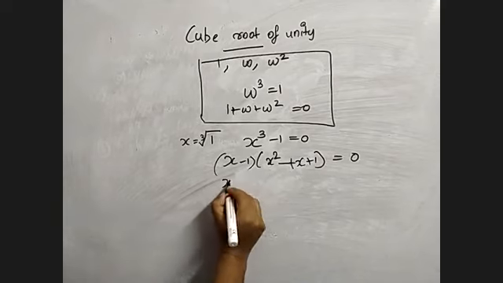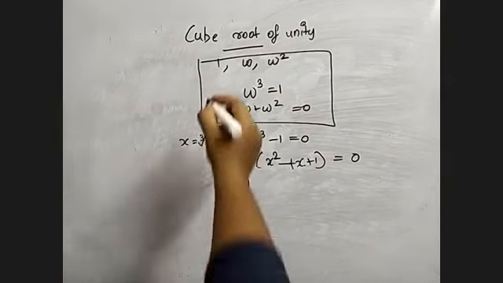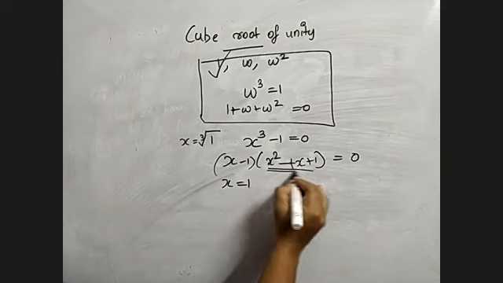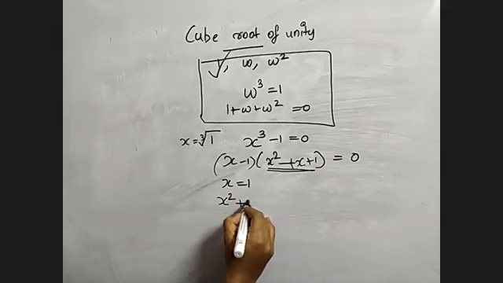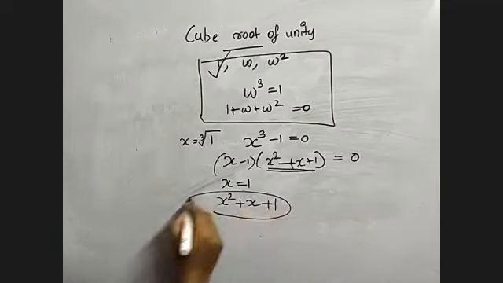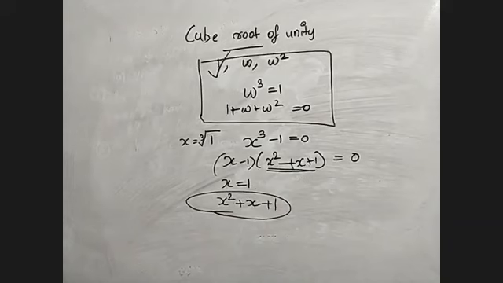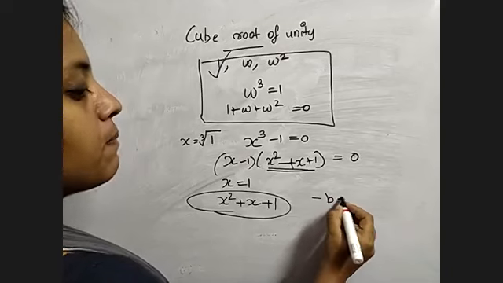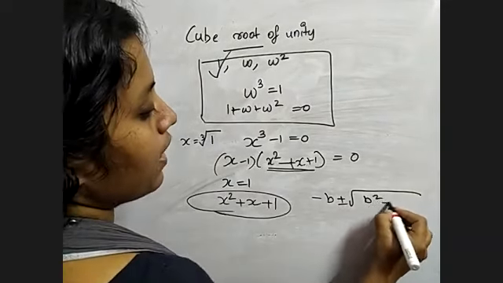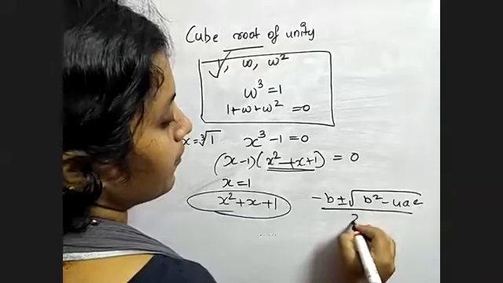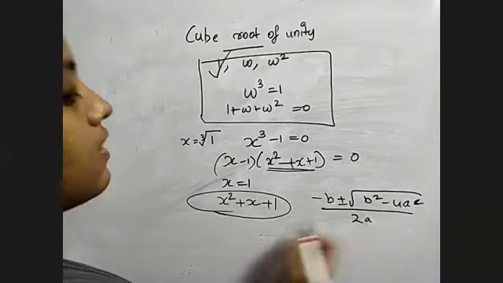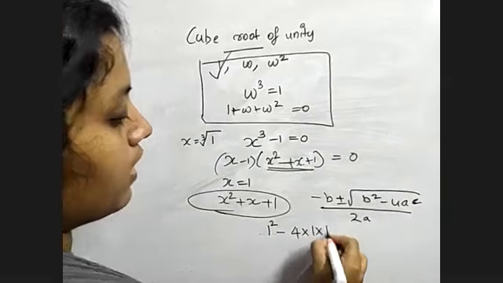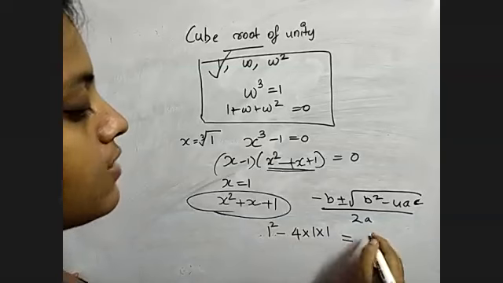First one is x is equal to 1. Understood. Next ones I need to get from x square plus x plus 1. I need to factorize this, then only I'll get the other 2 roots. So here we can follow minus b plus or minus root of b square minus 4ac by 2a. So here b square minus 4ac will become 1 square minus 4 into 1 into 1, that is 1 minus 4, minus 3.